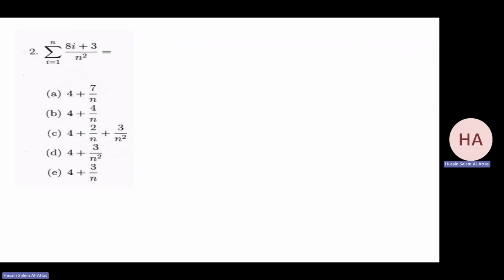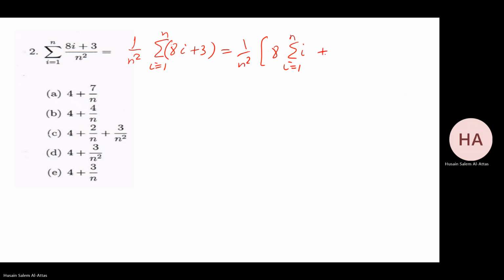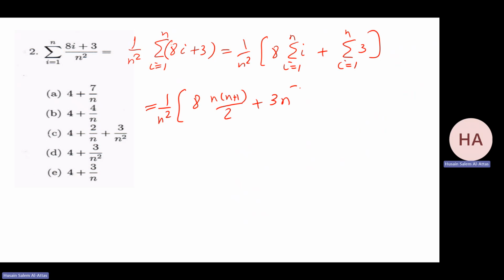I want to do this summation, see what will happen. First, I will take 1 over n squared outside, since it's not related. 8i plus 3. So that will be 1 over n squared times 8 summation of i plus summation of 3, since I can distribute the summation. So that will be 1 over n squared times 8 times n plus 1 over 2 plus 3n.